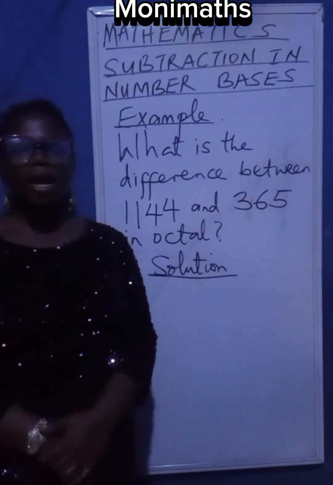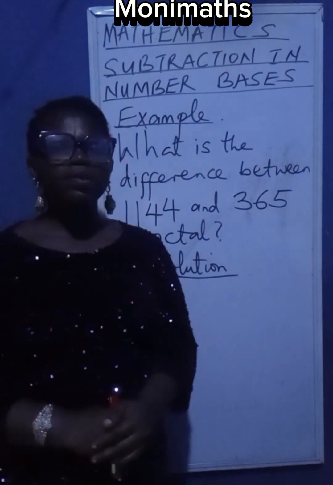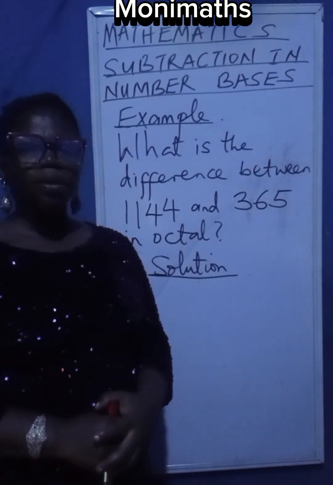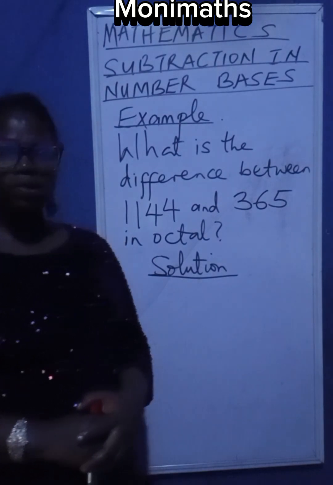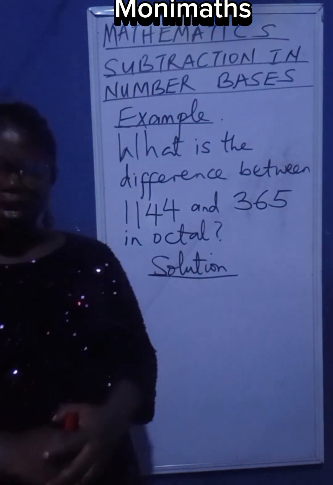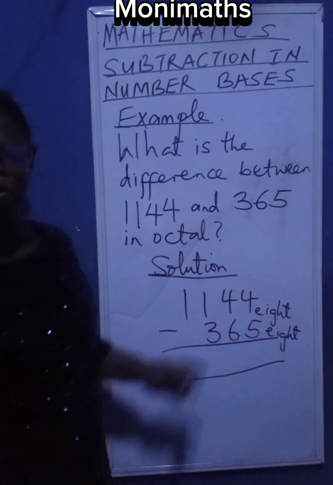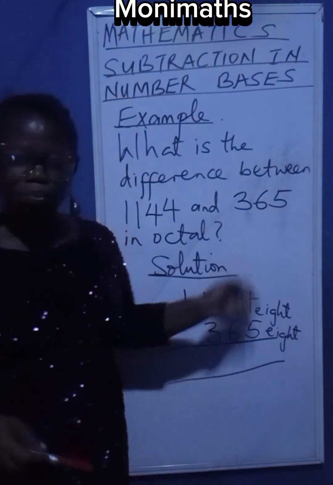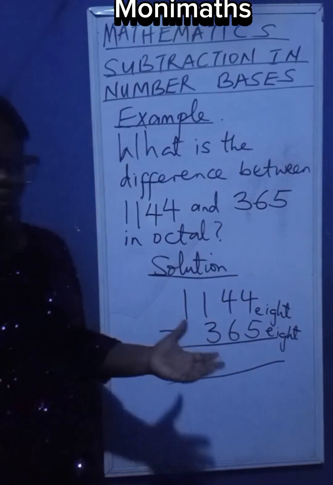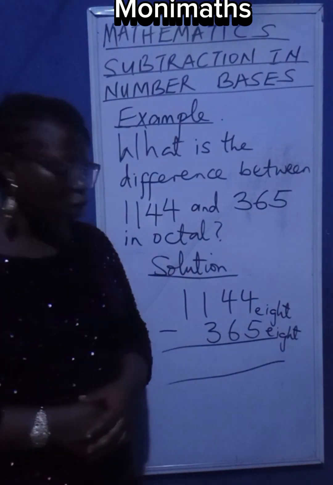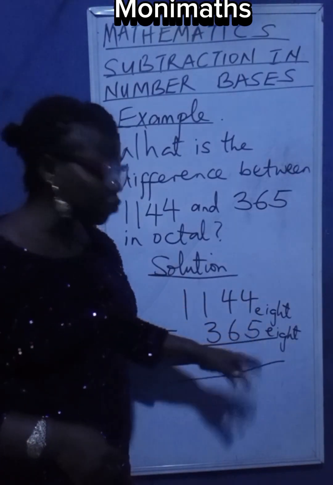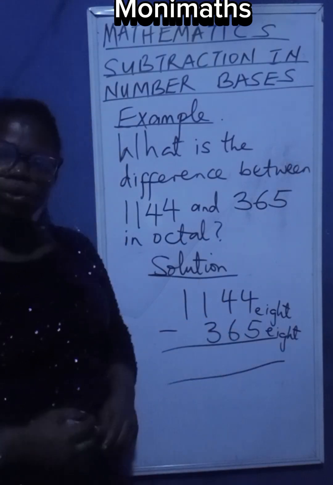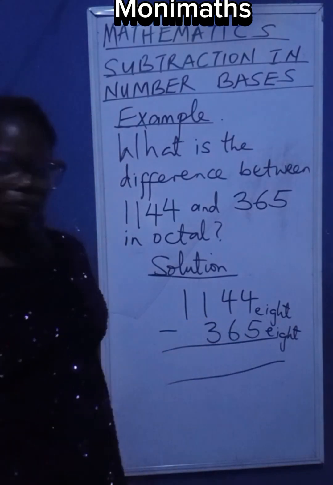This is another example. What is the difference between 1144 and 365 in octal? Octal is base 8. That means 1144 minus 365, both in base 8. Let us go ahead and do the subtraction. 4 minus 5. 4 is deficient, so we have to borrow from the other place value.